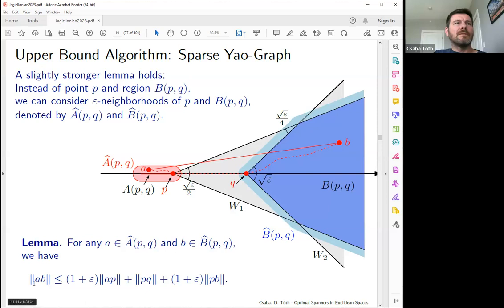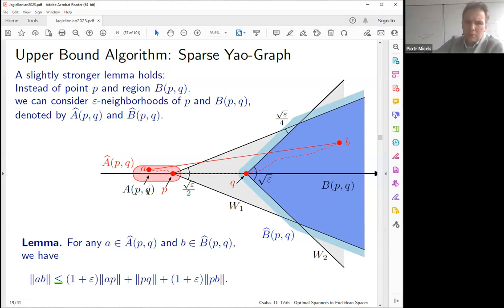And maybe this even points in the wrong direction. Yeah, so this is the wrong inequality. But yeah, so the right hand side should be 1 plus epsilon times AB.